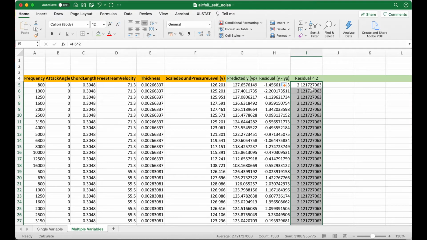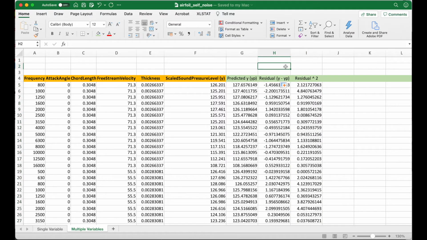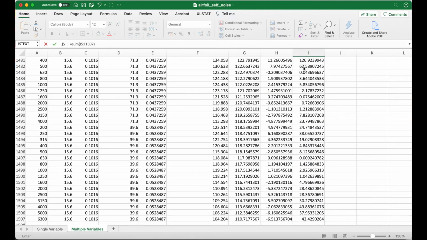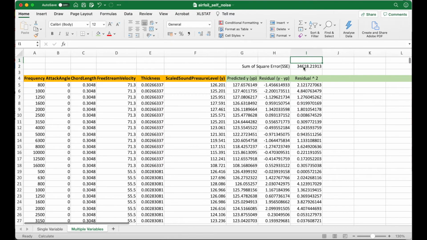Once we have the individual residual squares, I can find the sum of square error, SSE. This is nothing but the sum of all the residual squares that we have determined. So I have computed that.